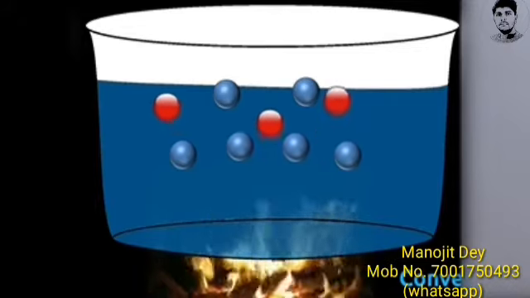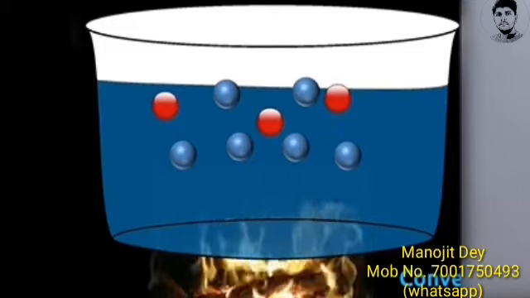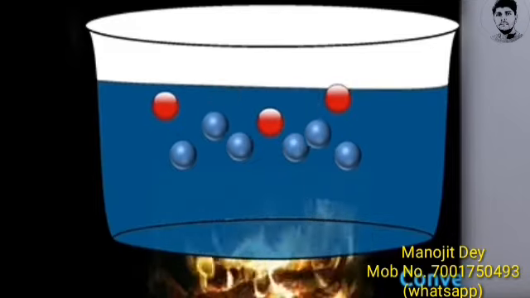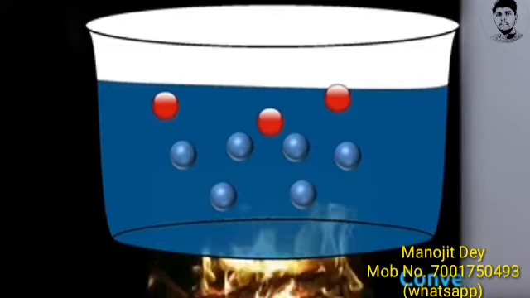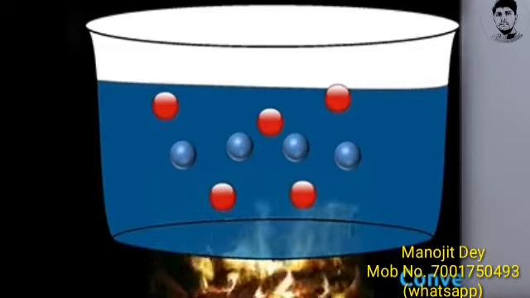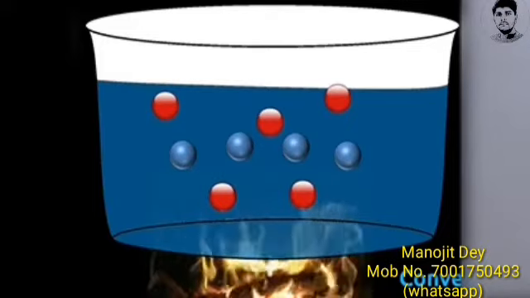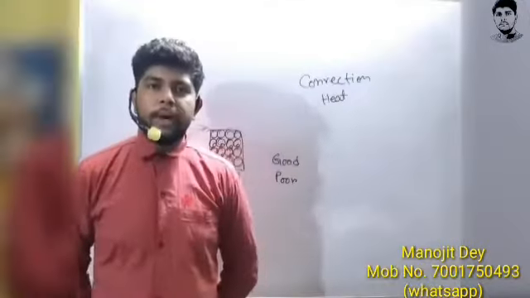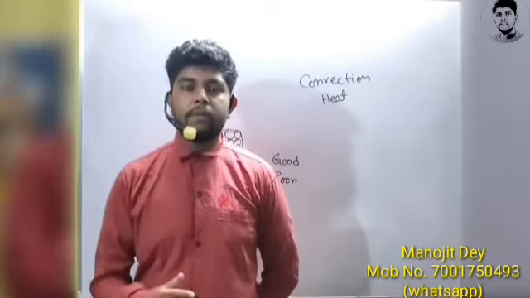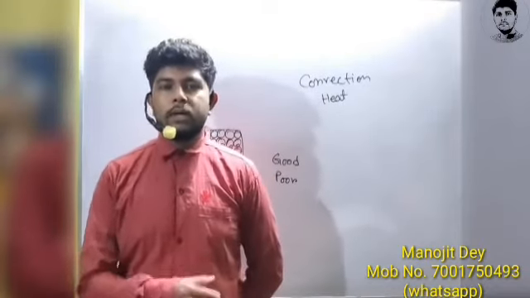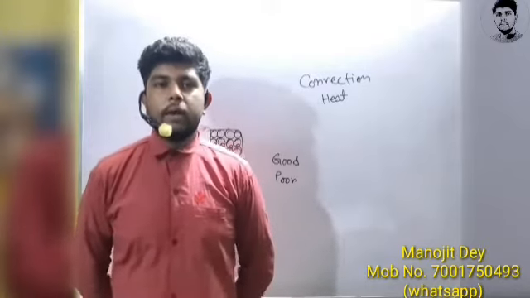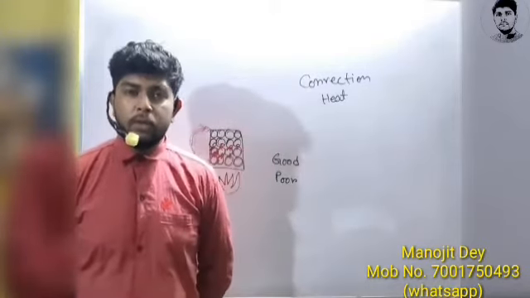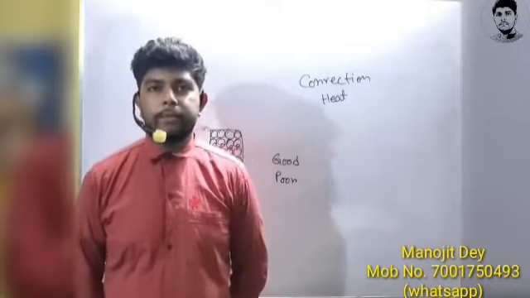When they expand they become lighter and go upwards, and the top part of the water, which is cold, comes downward. Again the bottom part gets heated and rises up, and the top part again gets cold and sinks downward. In this way heat can transfer from one point of the water to another point. So you know that water is a good convector of heat.